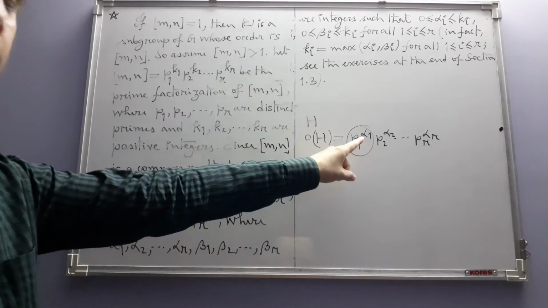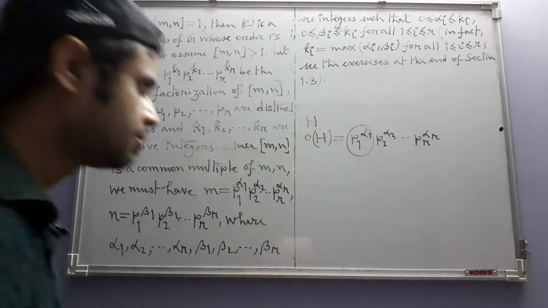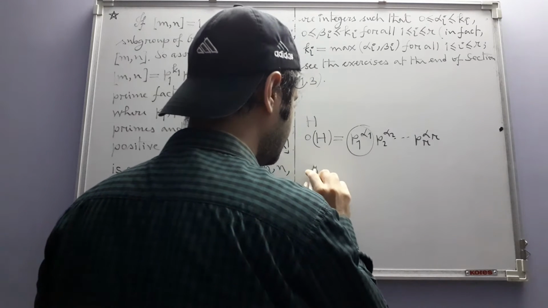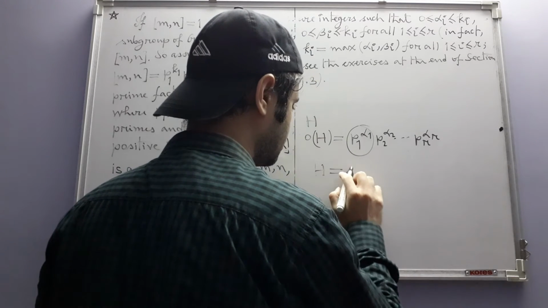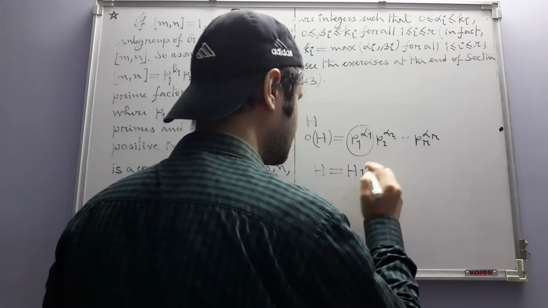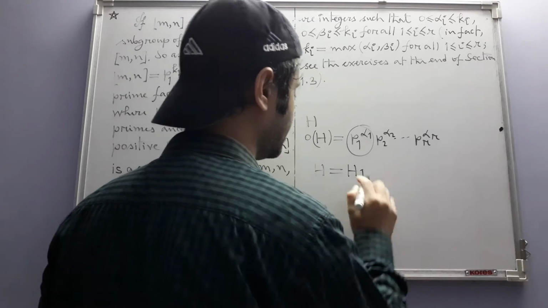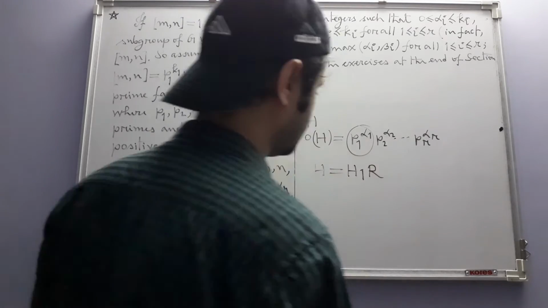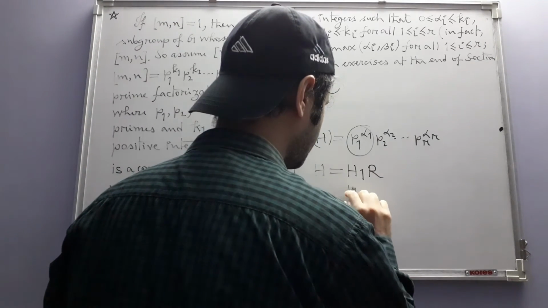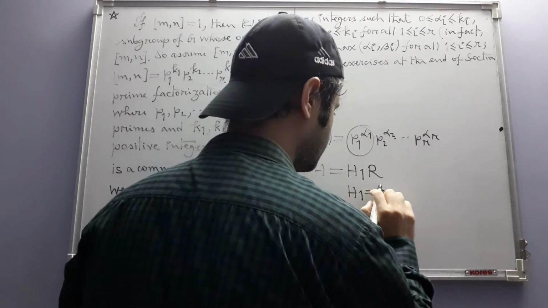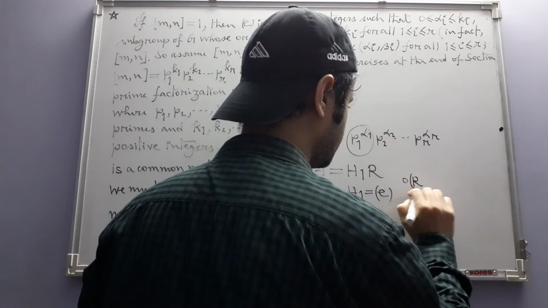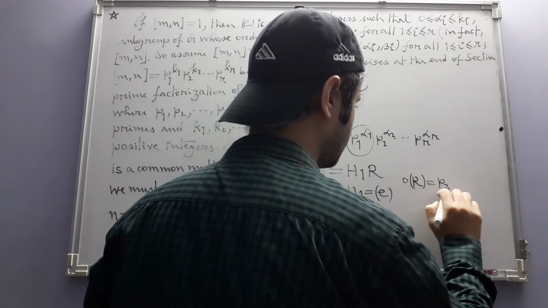If alpha 1 is equal to 0, then you can write H in this way: H1 times some group, say we can call it R, such that H1 is equal to E and the order of R is equal to this.